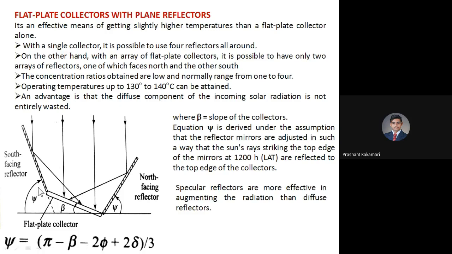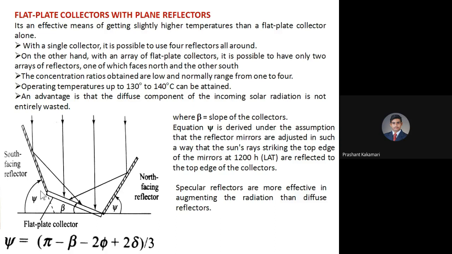Or you can keep a tracking system that tracks the reflected radiation depending upon the solar path, but tracking of reflectors as well as the flat plate collector is very difficult. So you can decide one angle for a given solar path.